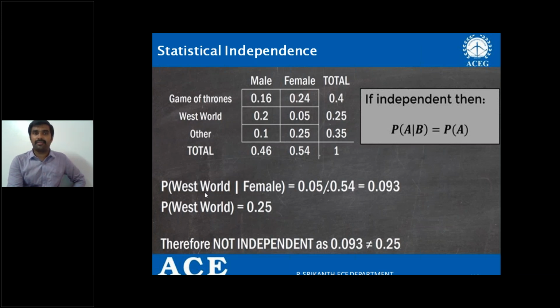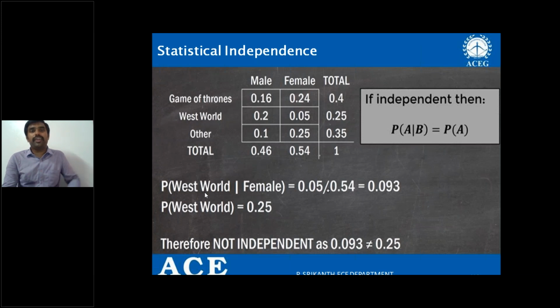When the female is subscribing, what is the probability of subscribing to Westworld? I repeat, what is the action here? A female candidate is subscribing, and when she is subscribing, what is the probability that the subscription is for Westworld?